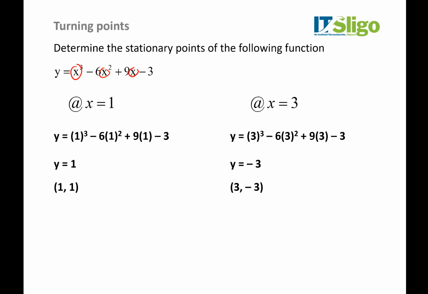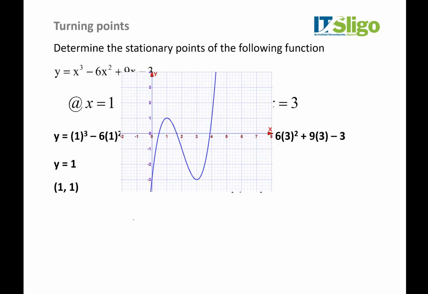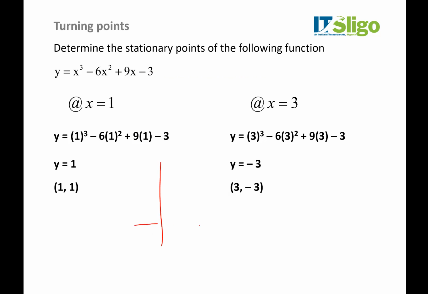So this one is a little bit trickier, guys, because you have to use a little bit of logic. And we now know the curve is going to look something like this. At 1, 1 there's a turning point, and then at 3, minus 3 there's another turning point. There's 1, there's 3. The only way these can be joined up is if the highest y value will always be a maximum.